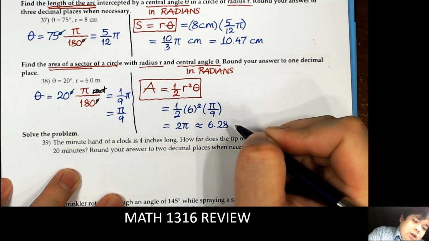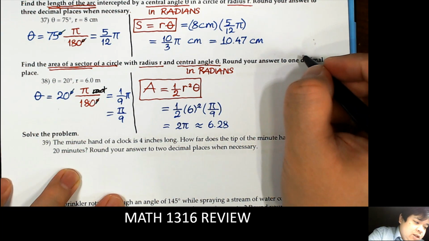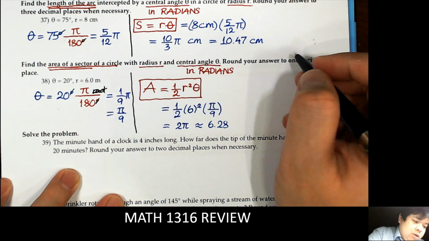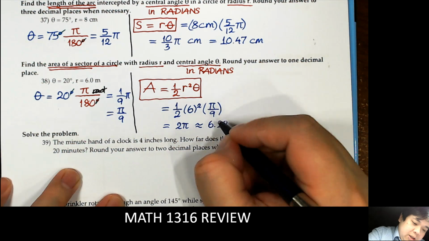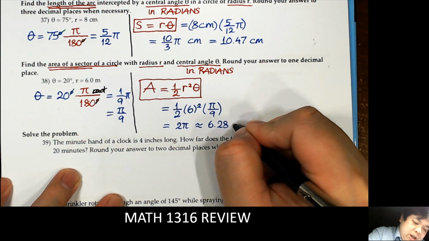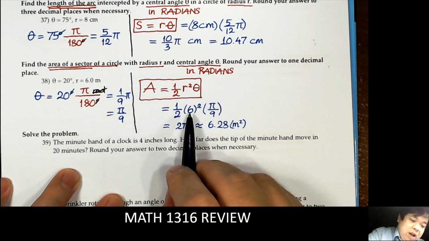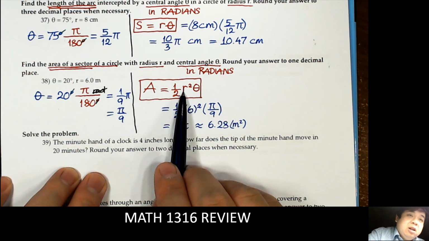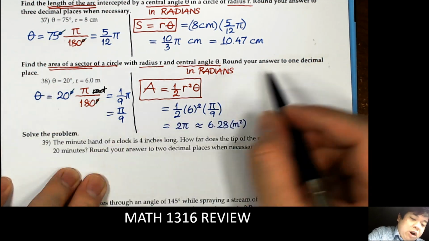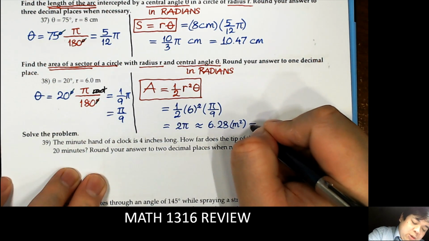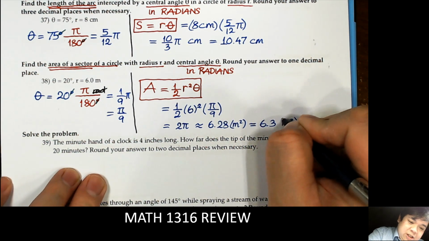If we want to round to 1 decimal place, the unit will be square meters, because we have meters times meters is square meters. Anyway, they want 1 decimal place, so let's just round to 6.3 square meters.